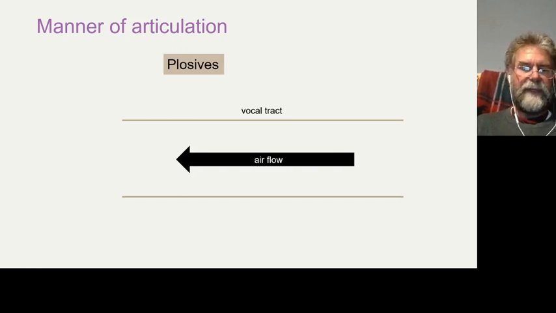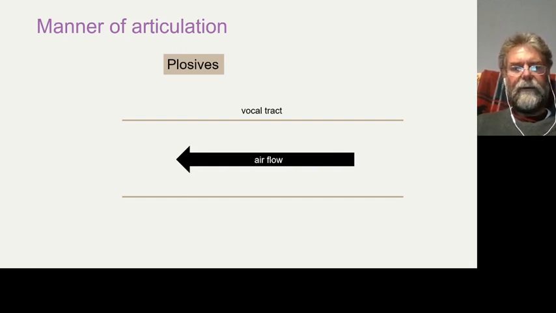So the lips and the velum and the alveolar ridge, those are places of articulation. So we've got different ways of describing language sounds. There's a two-way axis here: you've got place and manner of articulation. Manner looks at what you do to produce a sound. The first one we're going to look at is known as plosives.